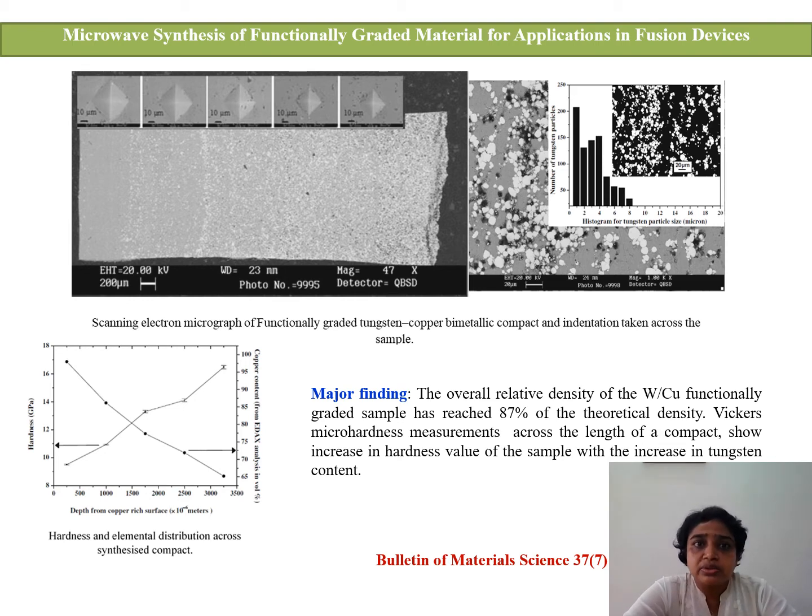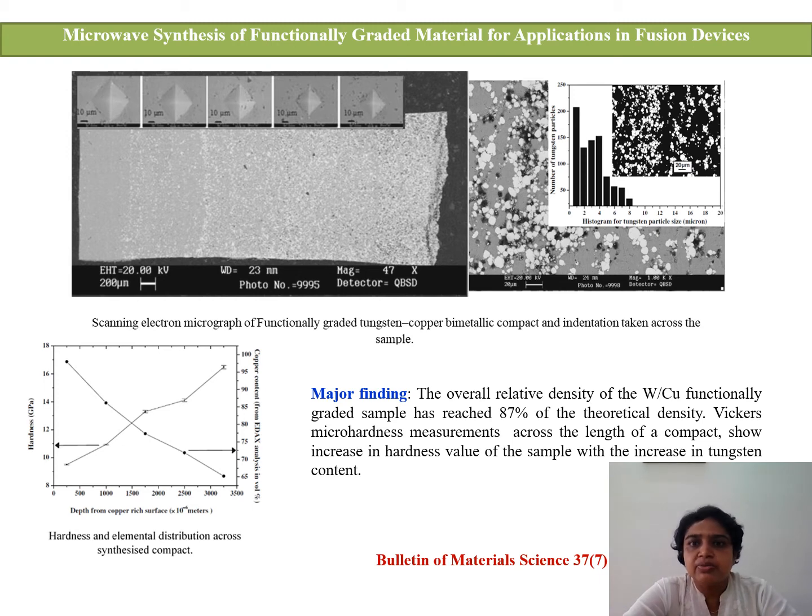So in between, we insert a tungsten copper functionally graded material. Here we have synthesized tungsten copper functionally graded material with the help of microwave energy.